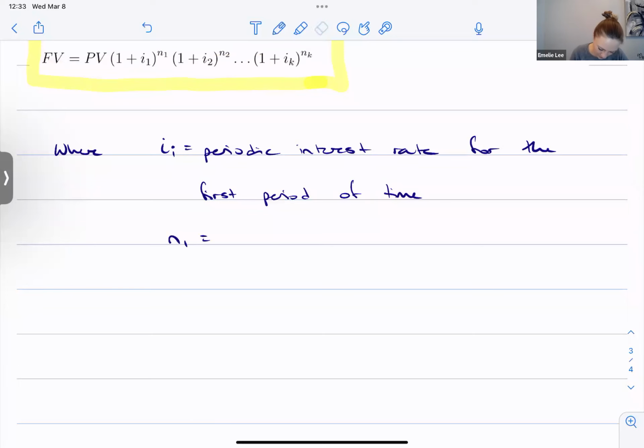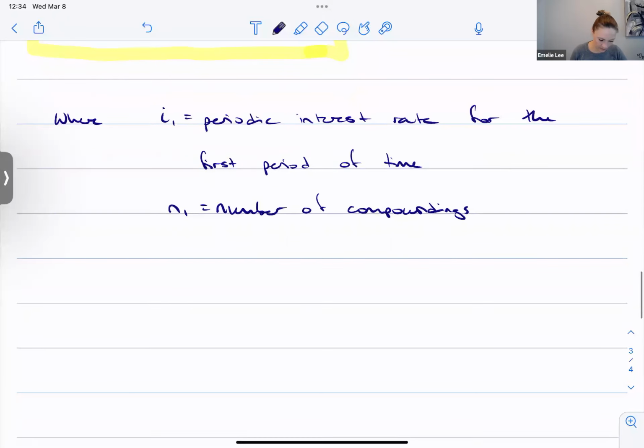Usually we use I to denote any interest rates, but maybe it's better this way. N1 is the number of compoundings for the first interest rate.